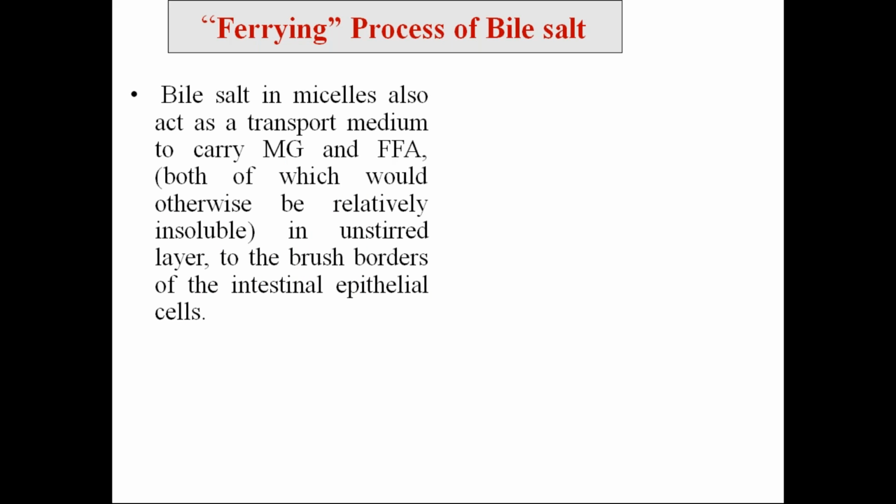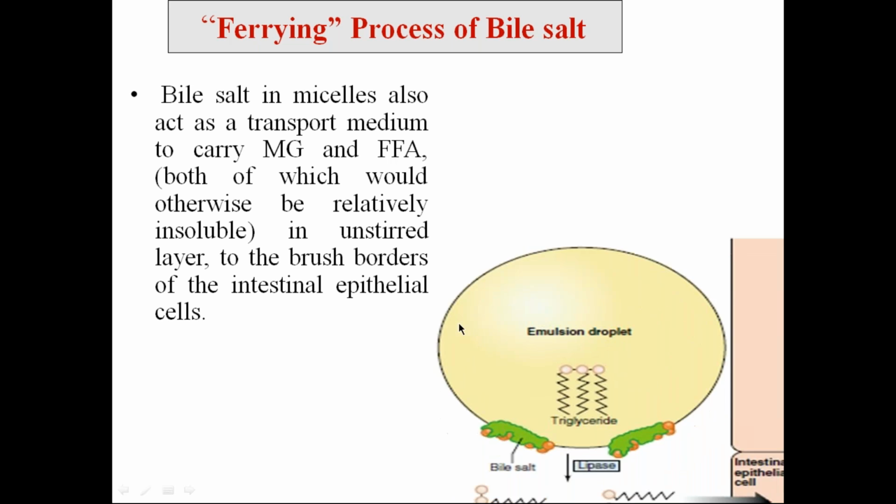The third thing which the bile salt does is that it helps in ferrying of these digested products. Ferrying means, just as a ferry takes things from one place to another, fat cannot move on its own, you have to make it move from one place to another, otherwise it will not be able to reach the unstirred layer of the intestine. So bile salt in micelles also acts as a transport medium to carry monoglycerides and free fatty acids to the brush border of the intestinal epithelial cells.